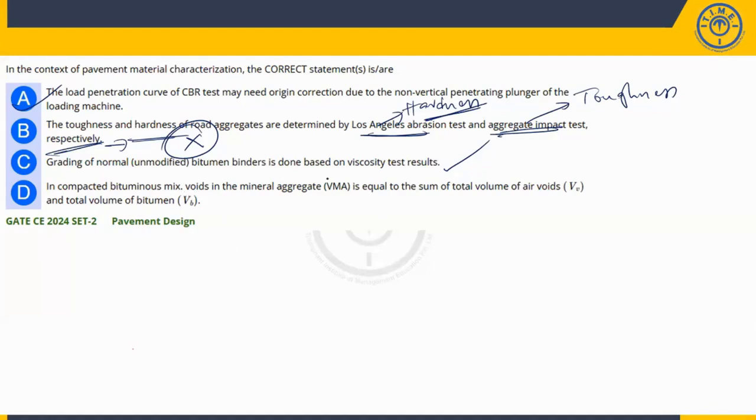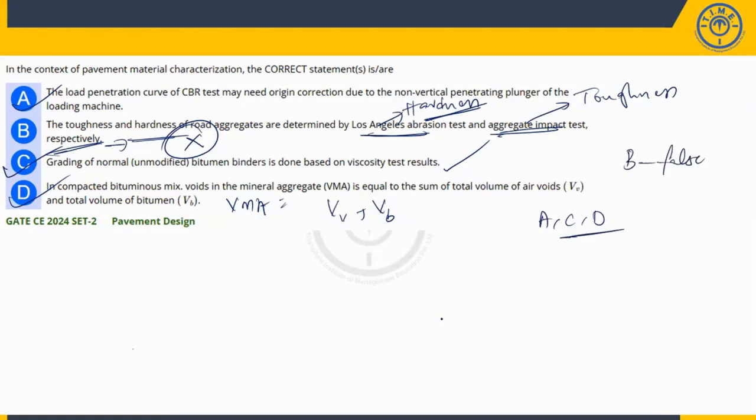In compacted bituminous mix, VMA is equal to VV plus VB. Yes, 100%. That's what we discussed now. Therefore, A, C, and D are correct. Only B is wrong.